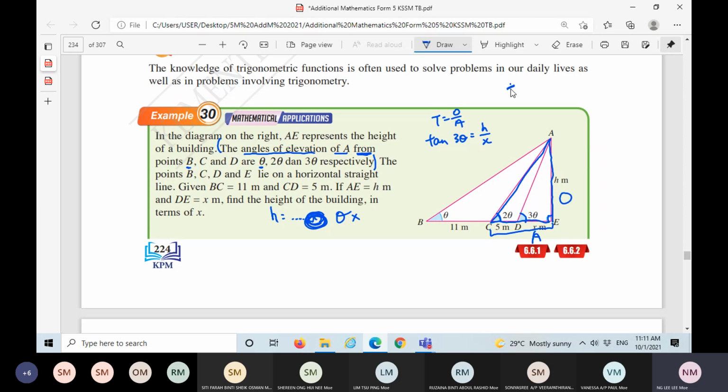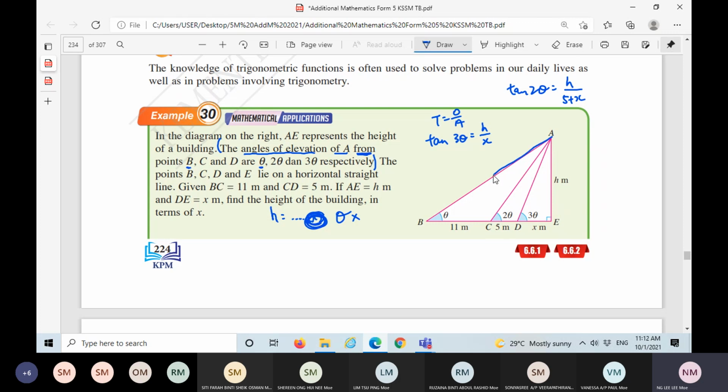So now I write out: tan 2 theta equals O over A. O is H, A is 5 plus X. So this is the second equation that I have. Now I look for the third one. I'm going to write out whatever I have, and after that I'm going to use it.